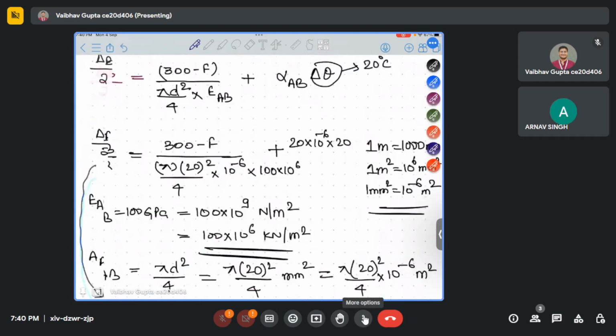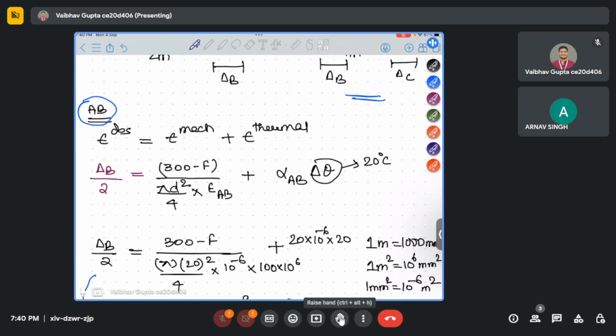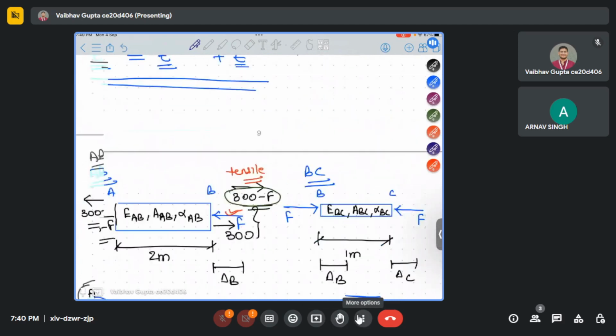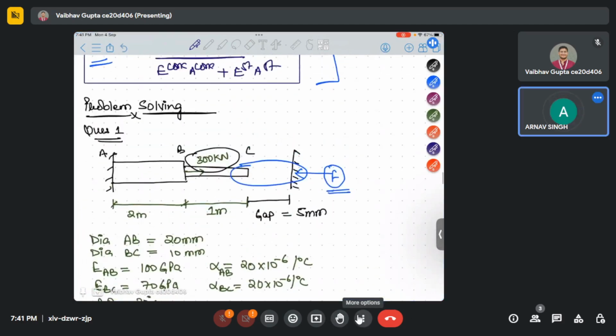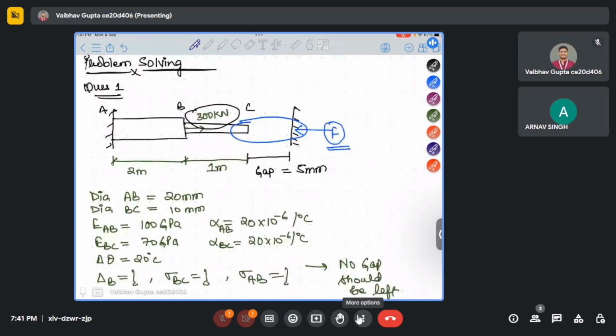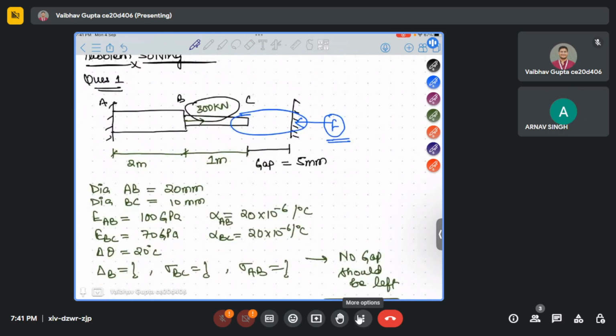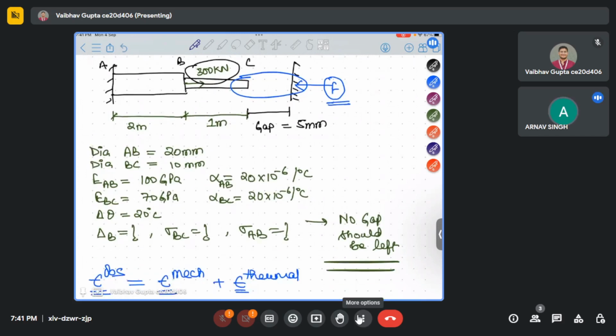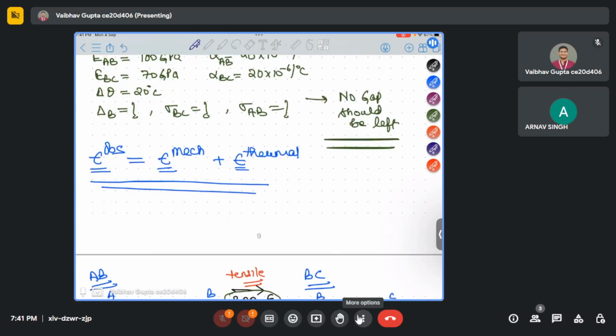See, I'll tell you once more. This is a problem we have solved, question 1. The gap has been given to you, and other required details like diameter of AB, diameter of BC, and modulus of elasticity for AB, BC are given to you, and the coefficient of thermal expansion has been given. So now epsilon observed will be epsilon mechanical plus epsilon thermal.